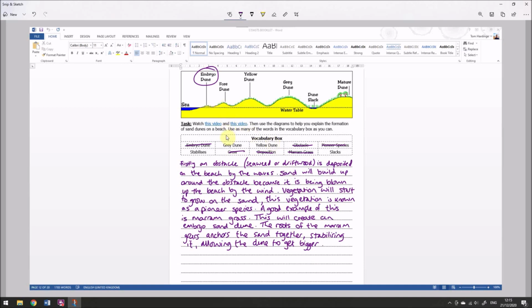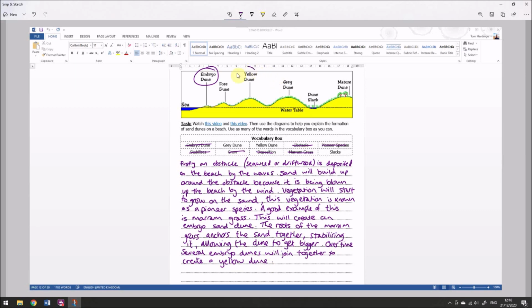Eventually, the embryo dunes will merge together to create a larger dune known as a yellow dune. So we can say that over time, several embryo dunes will merge together, or join together, to create a yellow dune.